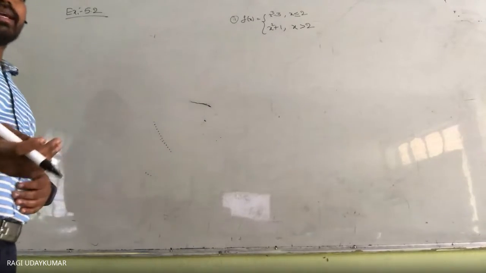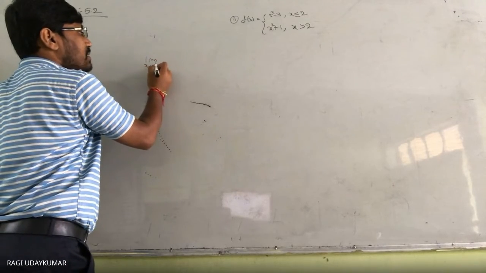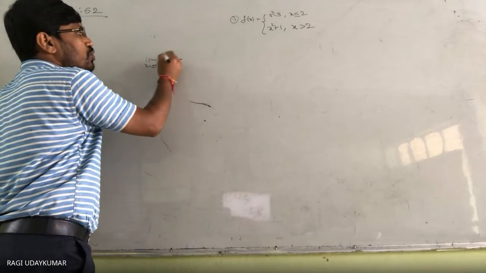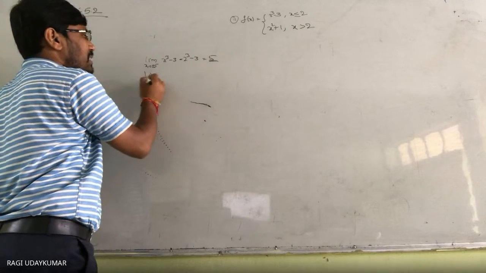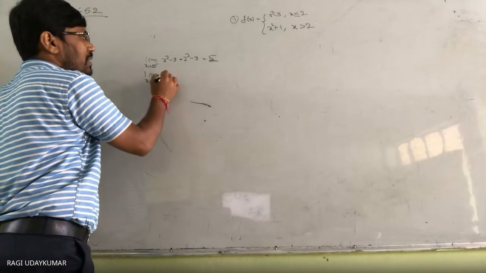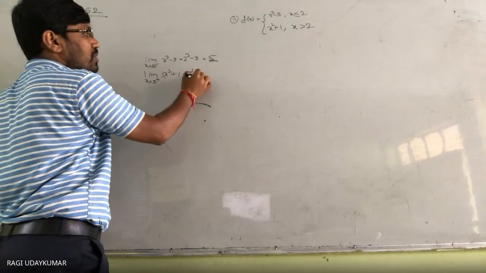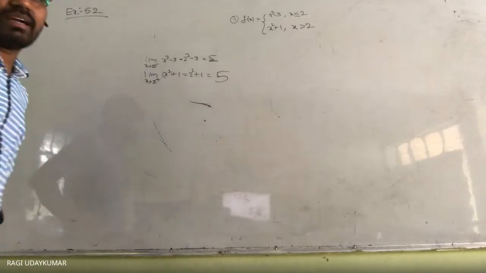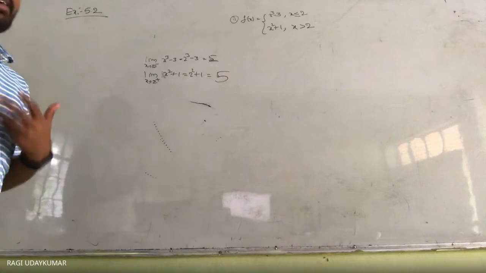x equals 2 का केस में कंटिन्यूअस है नहीं चेक करना है तो limit x tends to 2 minus f of x क्या होगा, x cube minus 3. So 2 cube minus 3, 8 minus 3, 5 होगा. Little bit faster I am doing here. 2 plus f of x क्या होगा, x square plus 1, that is 2 square plus 1 that is equals to 5. Both the cases 5, function different दिख रहे but the function we are getting the limit value equal.